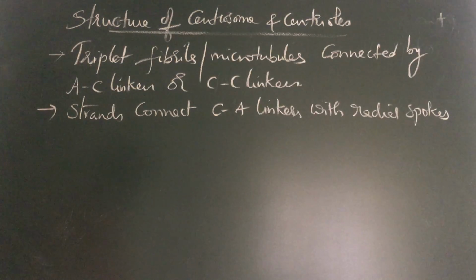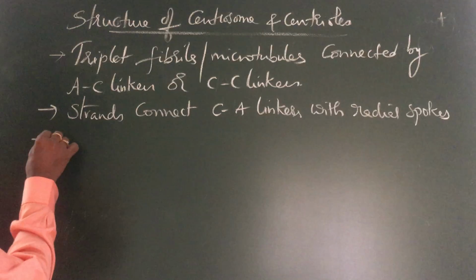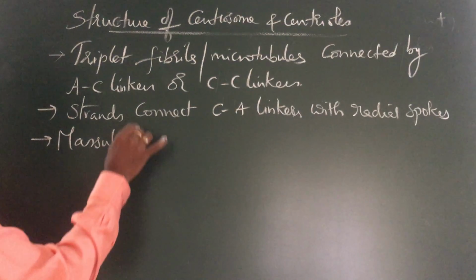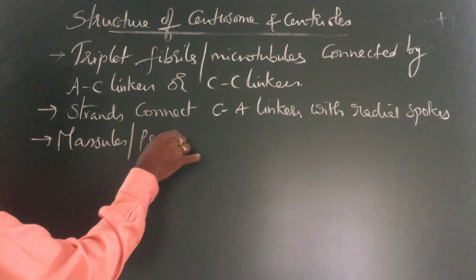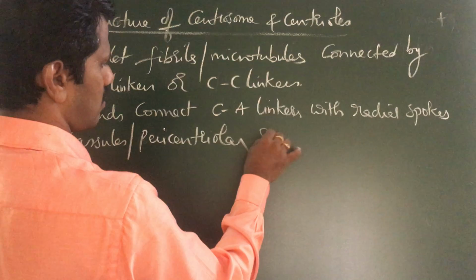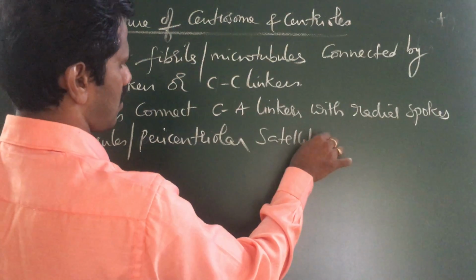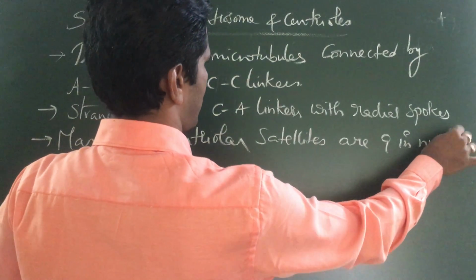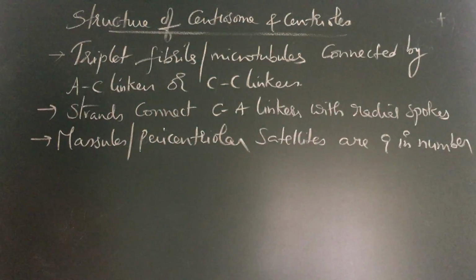Now we discussed the massieules, or pericentriolar satellites. They are 9 in number. What is their function?